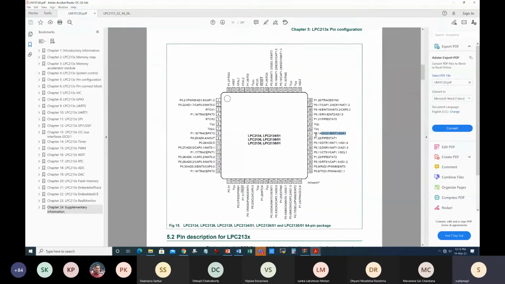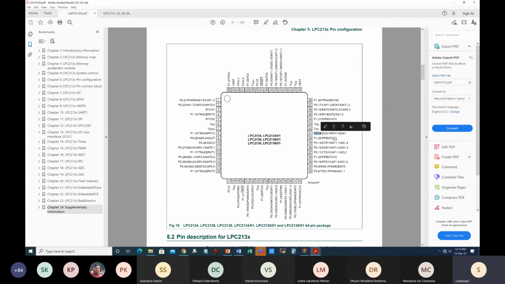Now this port 0.14 in this particular example, pin number 41, has 4 different purposes. So you can use pin number 41 of this microcontroller for 4 different purposes. The first one is GPIO.